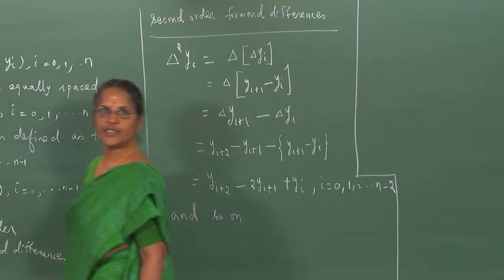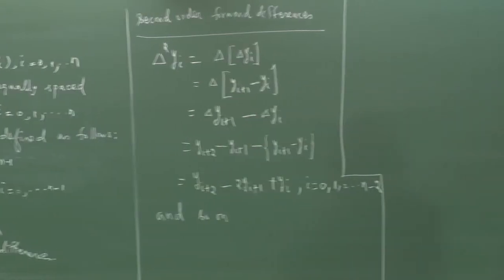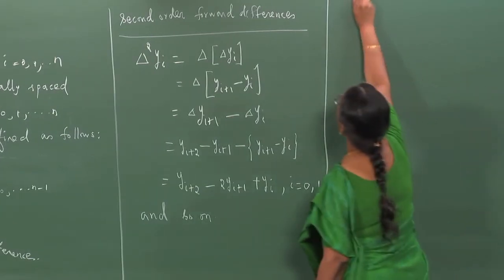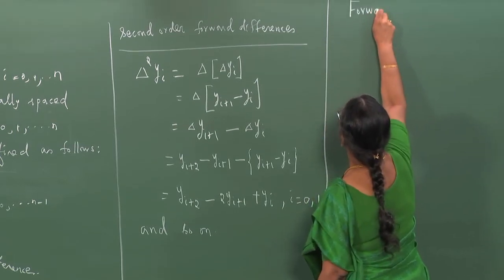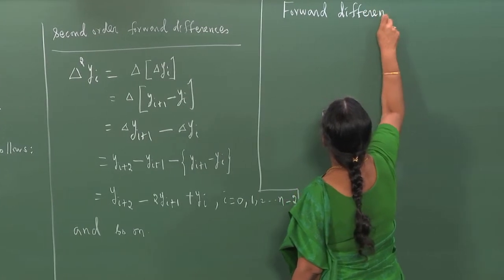So, now that we know how to obtain the forward differences given a set of say n plus 1 values xi, yi for equally spaced points, we present the forward difference table here. Why is it needed?